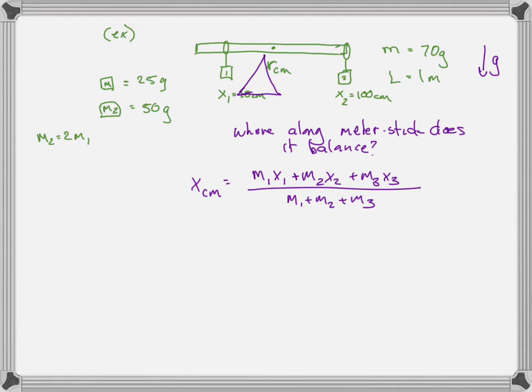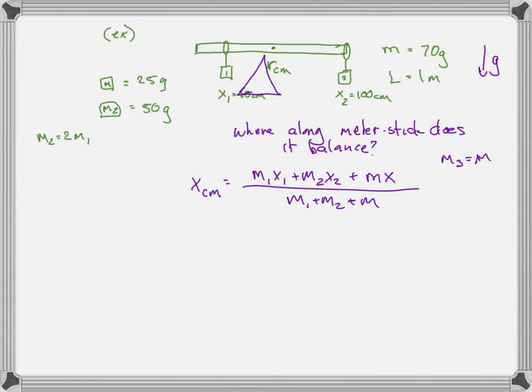Now we've got to identify what these masses are. I called them M1, M2, and M3, but actually the masses were M1, M2, and M. M3 is M, and the position of M3 is whatever the position of the meter stick is.